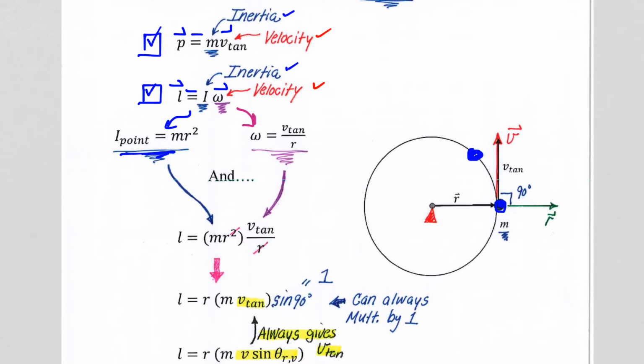We lose one of the r's on top, we lose the r on the bottom, and we get mrv, or m, r, v. Or r times mv. So notice that we get p. So linear momentum is now appearing as part of our angular momentum quantity.